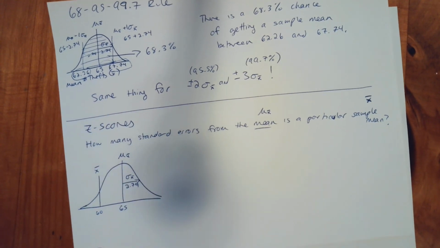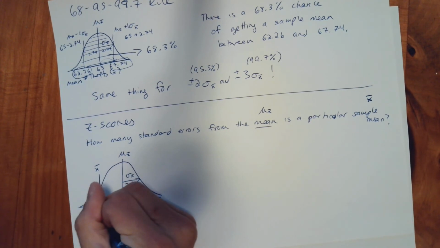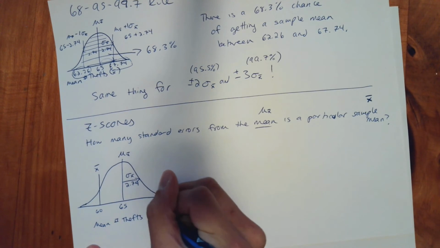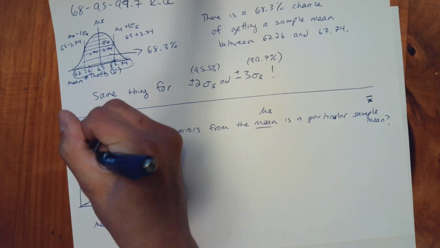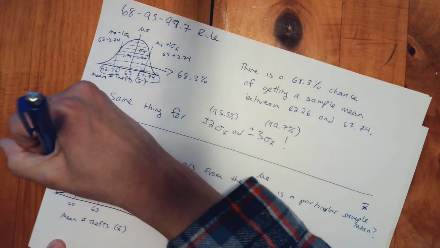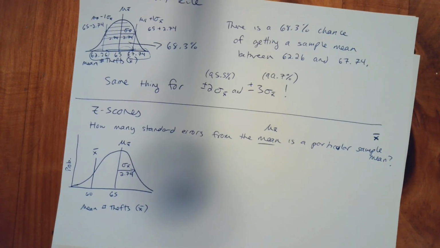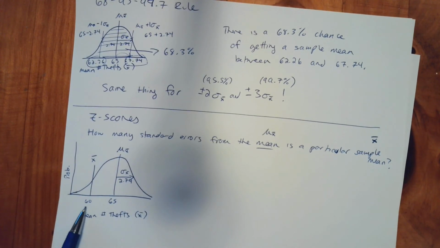So I'll write it like this. So we're looking at mean number of thefts, looking at probabilities, and we want to know how many standard errors away from this mean a sample mean of 60 would be.